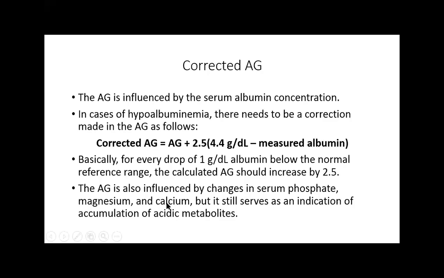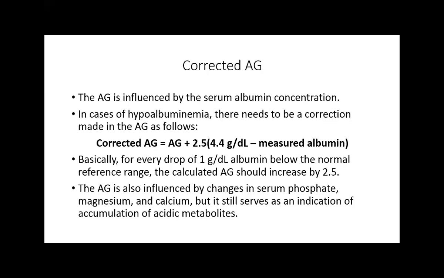The anion gap, in addition, can be impacted by phosphate and some of the other ions, but you really need significant changes in those. Under most circumstances there's not enough of a change in magnesium, calcium and phosphate to impact it.